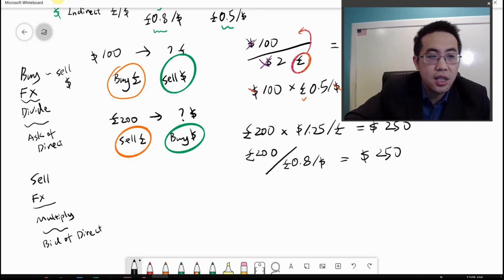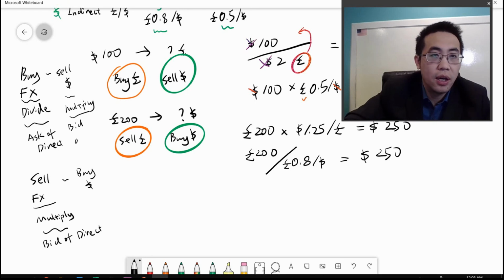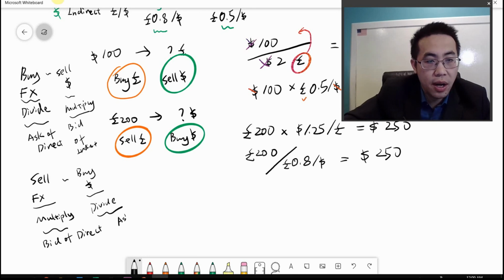If you are selling foreign exchange, it's the same as buying US dollar. So if you are selling US dollar, then you will need to multiply the bid price of indirect. If you're buying, then you're going to divide the ask price of indirect.